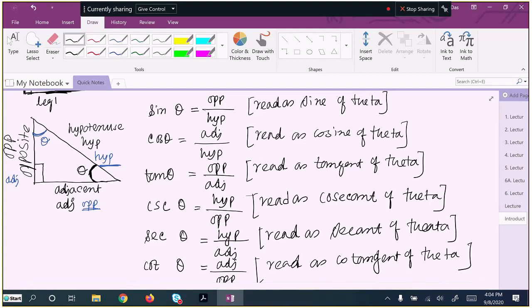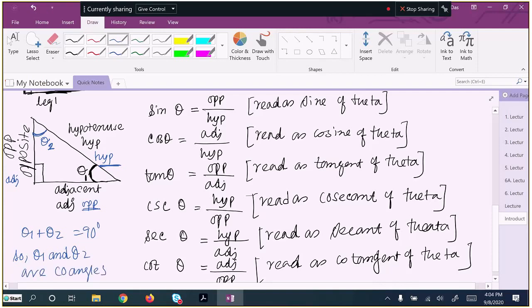If I want to make it a little more vivid, let's call this one theta 1, and the one in blue theta 2. Then the two angles theta 1 plus theta 2 equal 90 degrees. So by our definition, theta 1 and theta 2 are co-angles. Why is this important?